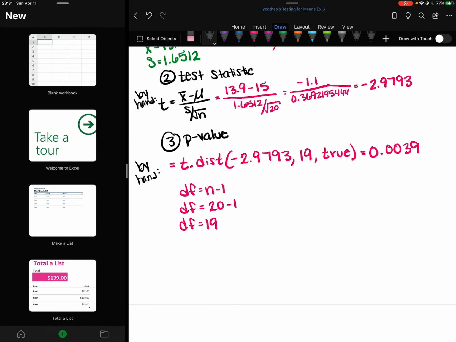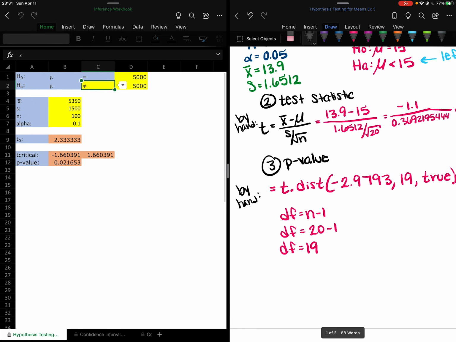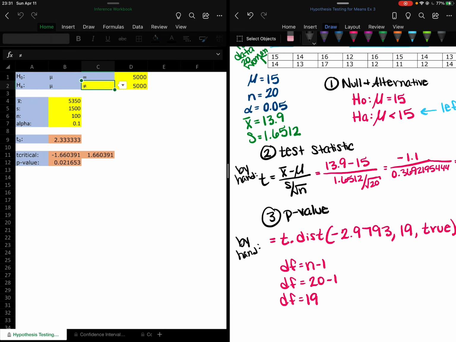So let's just go ahead and check this in our Excel workbook that we have been using, this inference workbook. Make this a little bit bigger so we can see this. So this is the 3rd page of that inference workbook. So the null hypothesis is equal to 15. The alternative is also equal to 15, but it's not a two-tailed test.